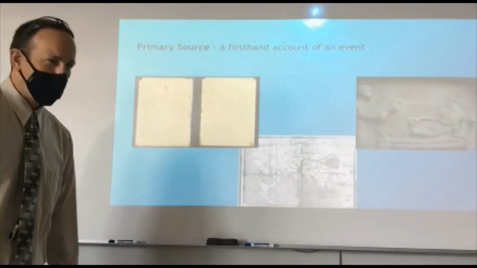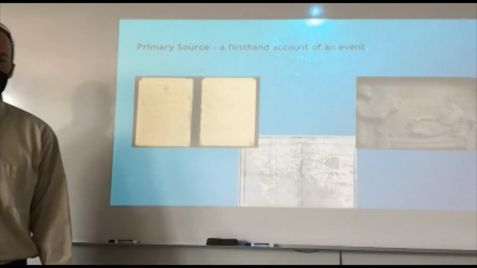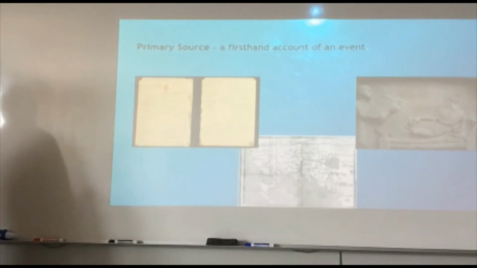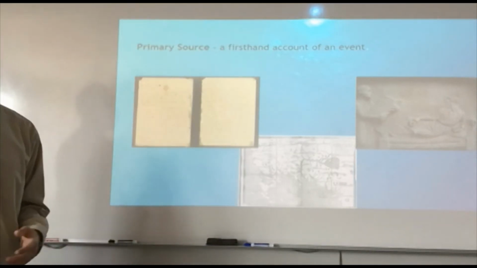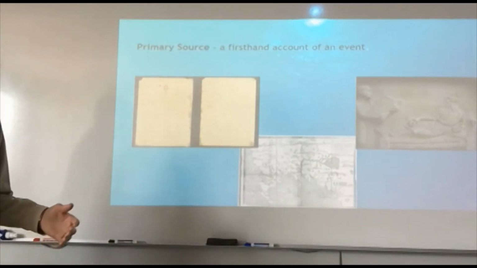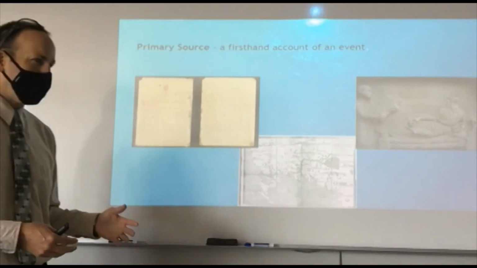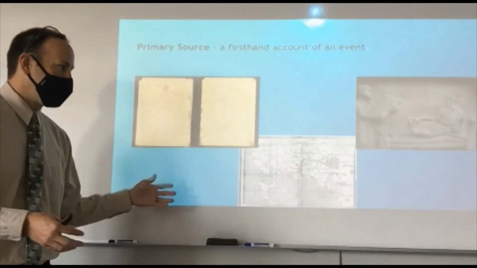I'm going to check your notes when you come back to school, all right? Cool. Primary source equals first-hand account of the event. So, you know, some hieroglyphics from ancient Egypt, George Washington's diary, a coin used by the Romans. These are all primary sources.